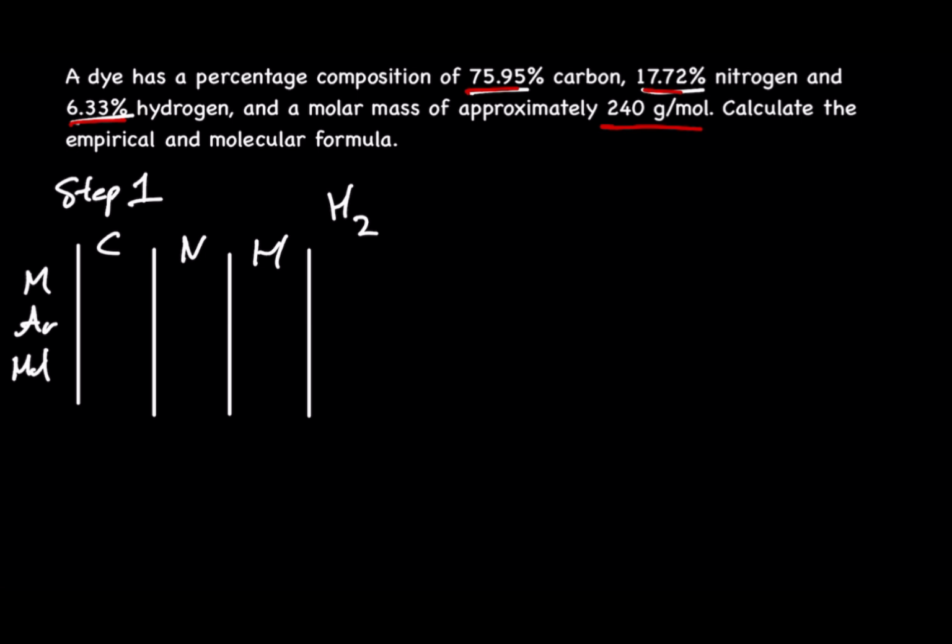So you have 75.95, 17.72, and 6.33. And your atomic mass for carbon is 12.01, nitrogen 14.01, and hydrogen 1.01.